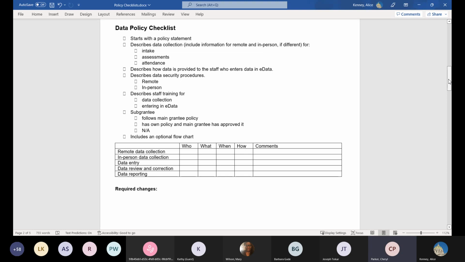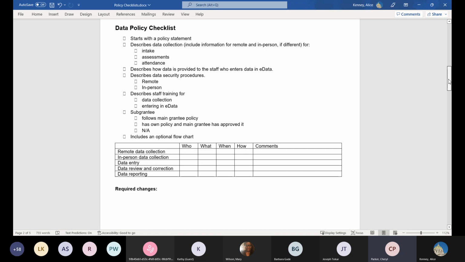And one more for those of you who have subgrantees. The sixth one: subgrantee follows main grantee policy or has its own policy, and the main grantee has approved it. Note here, the main grantee must acknowledge, review, and approve subgrantees' policies and procedures when the subgrantee writes its own policy and procedures, or not applicable, of course, if you don't have subgrantees.